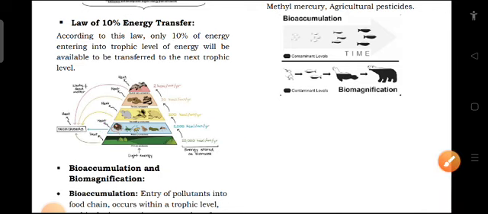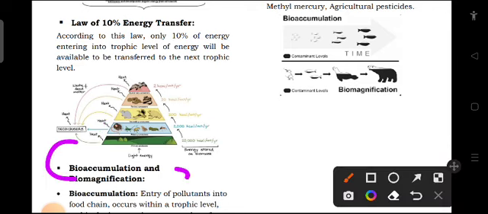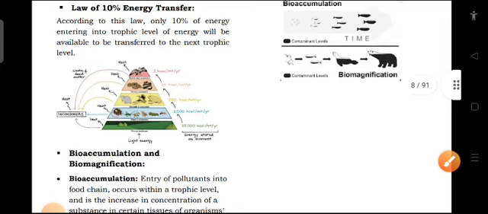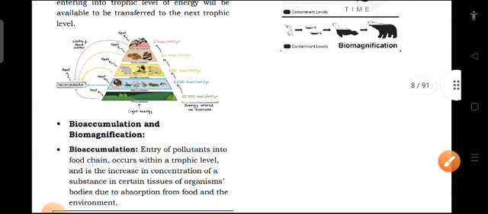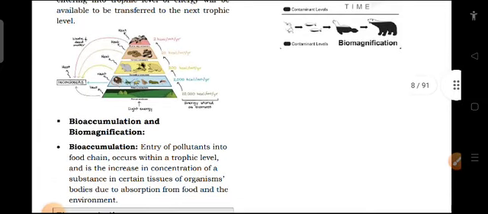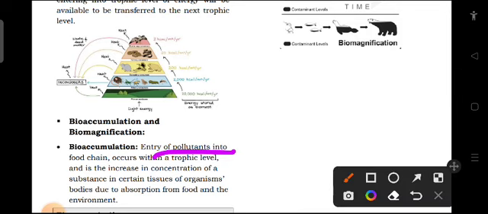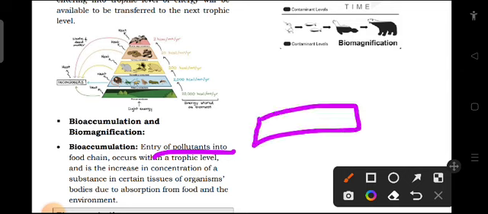So now, what is the concept of bioaccumulation and biomagnification? First of all, what is bioaccumulation? Entry of a pollutant into the food chain occurs within a trophic level. So this is a particular trophic level. In this, one pollutant is being entered, and there is an increase in the concentration of the substance. For example, only one particular pollutant came, then it further increases.